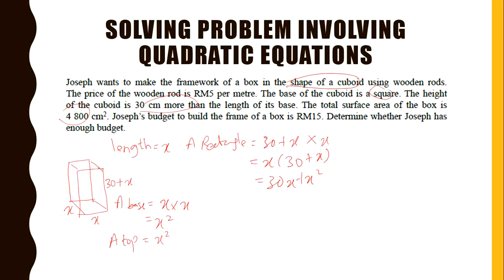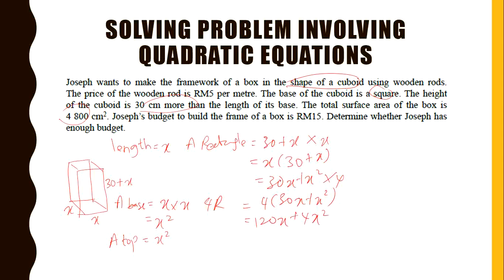Okay, so ni satu rectangle. Kita ada berapa rectangle? We have 4. So, kena darab dengan 4. So, 4 letak depan. So, here will be 120x plus 4x square.